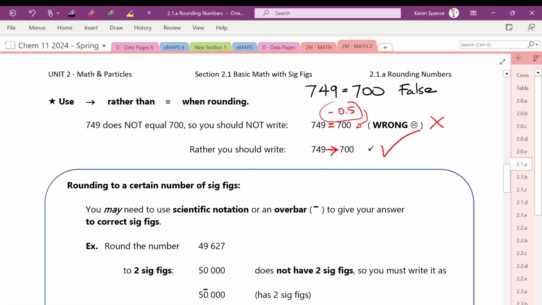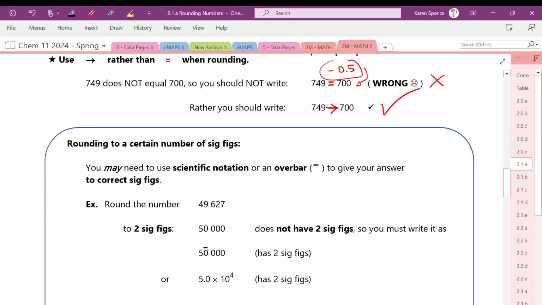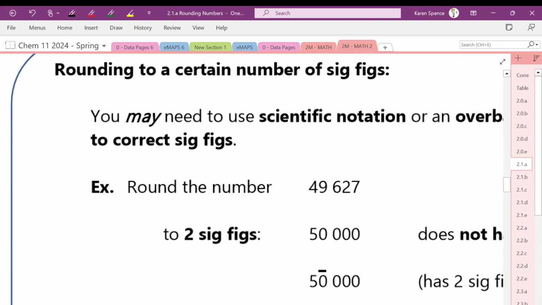Rounding to a certain number of Sig Figs. Let us round 49,627 to 2 Sig Figs. So our 2 Sig Figs would be here.